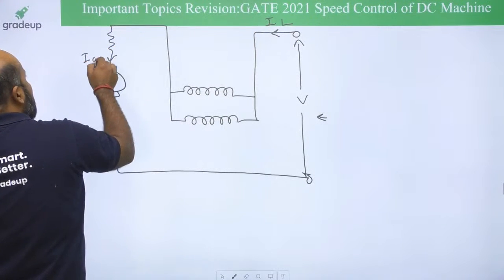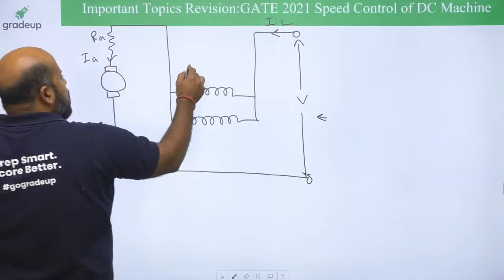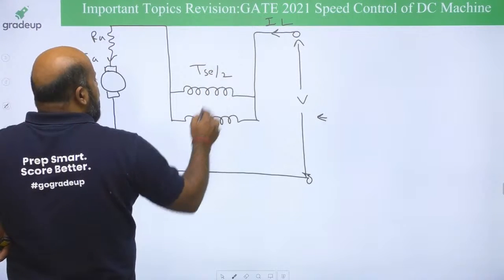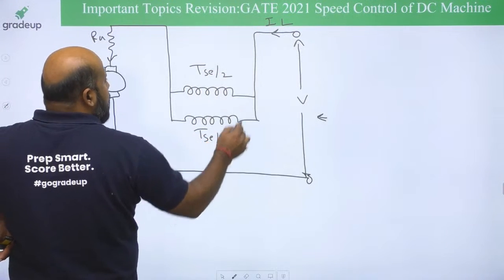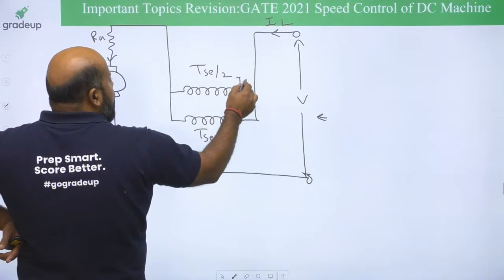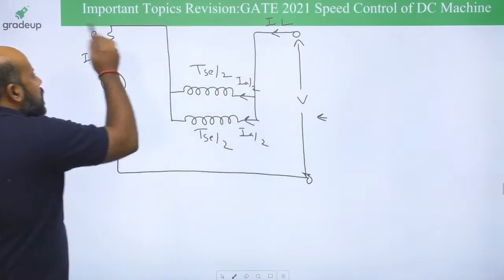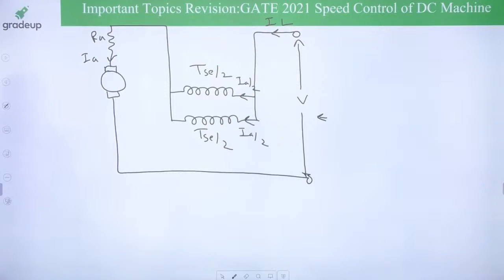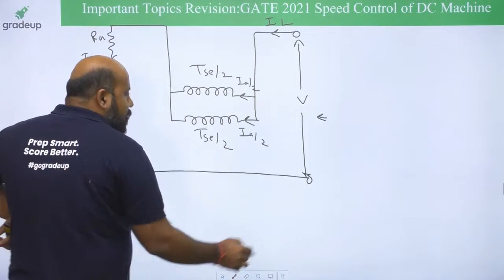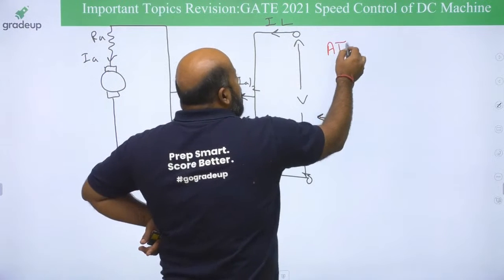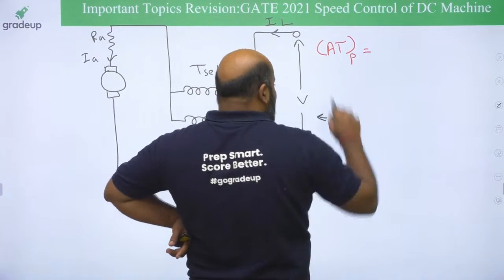Again this is armature current, again this is armature resistance, this is TSE by 2, number of turns TSE by 2, this is going to be divided as IA by 2 and IA by 2 because IL is equal to IA.